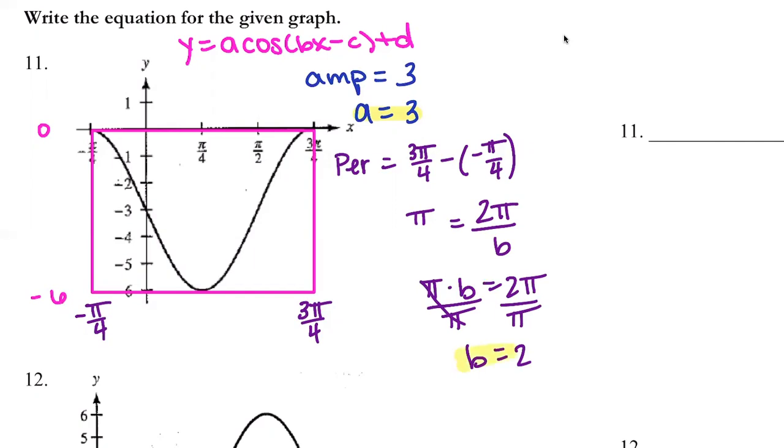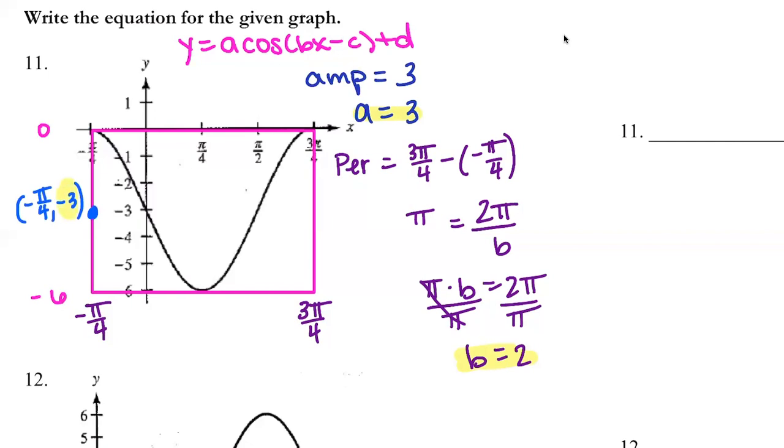Now, most important here, our starting point is not where our curve starts, but instead it is where our frame begins. So it looks like our frame begins at negative pi over 4, comma, negative 3. So for sure, negative 3 is our d value.